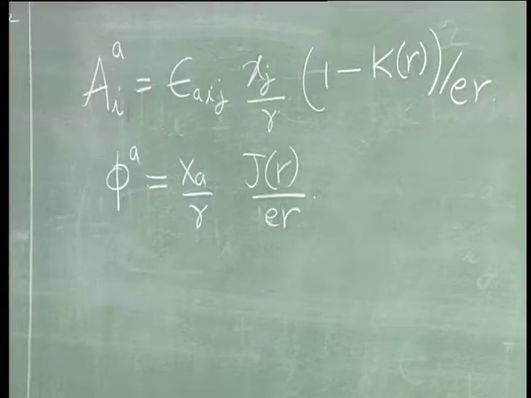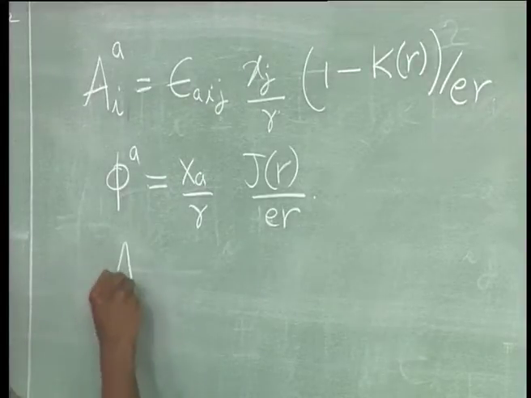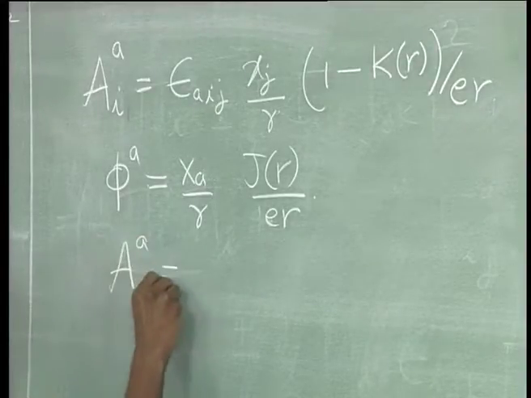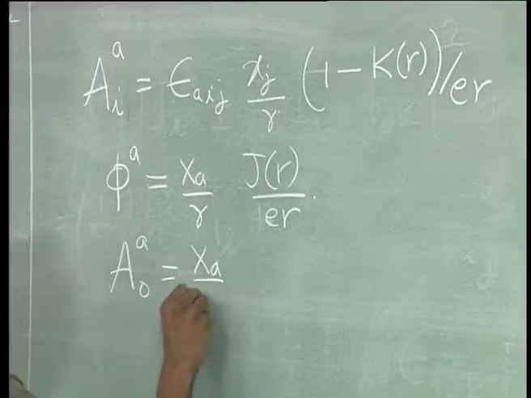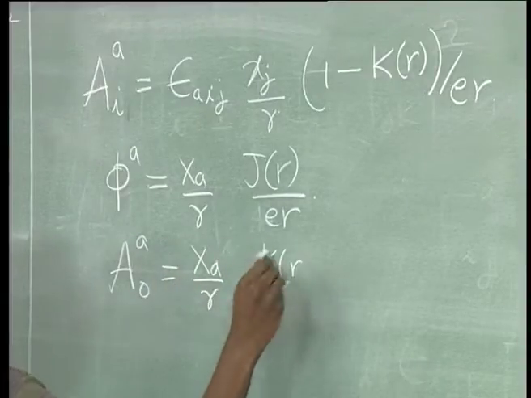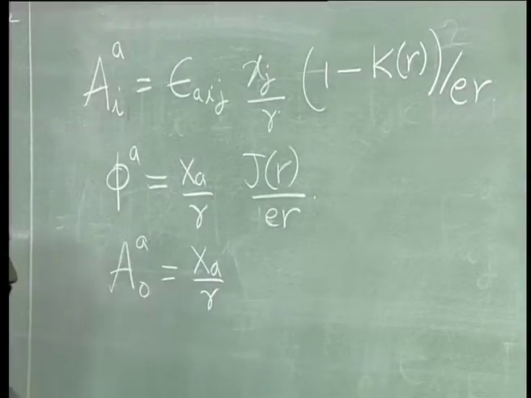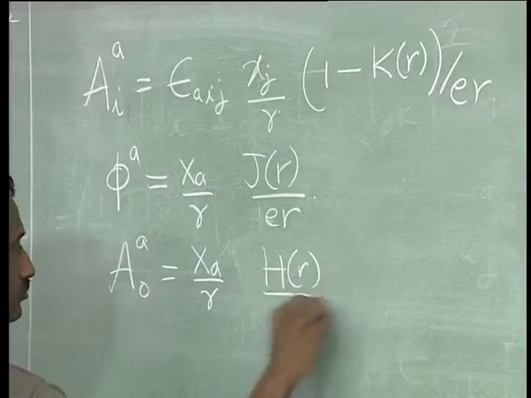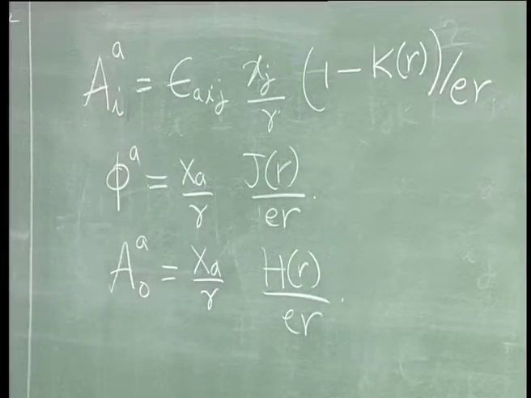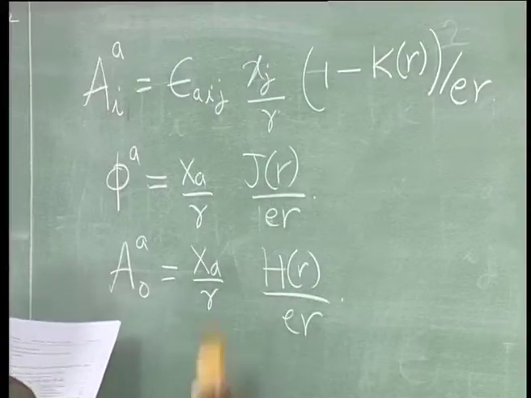All one does is to add a new variable, J of r.